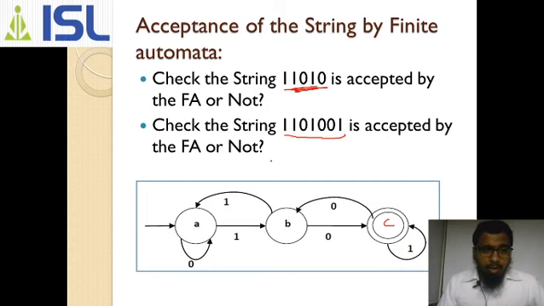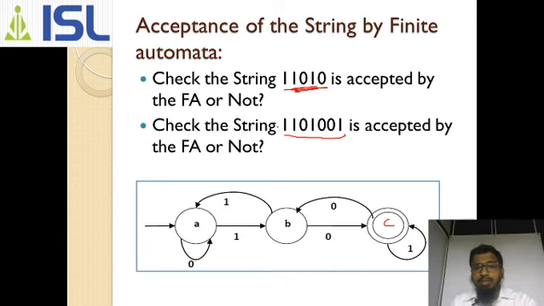Here only I will explain to you. First thing, what is our initial state? The initial state is A, comma, and we are writing the string 11010001. Okay. Here, if A is 1, where is it going?